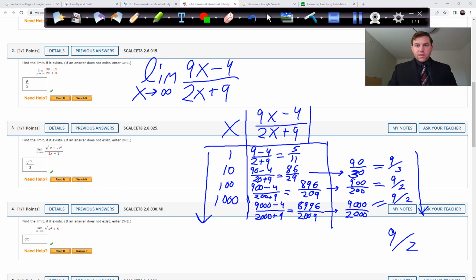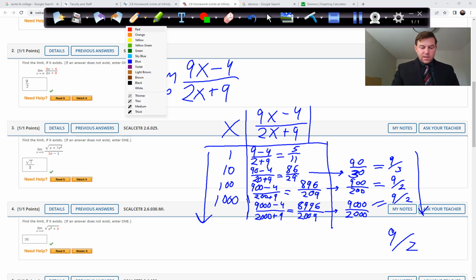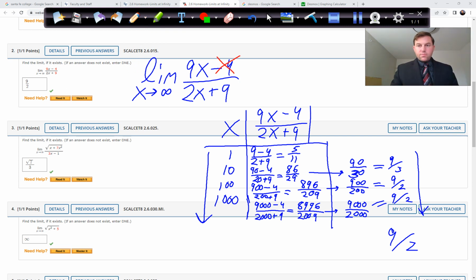So there's an easy way to do these problems. You can basically ignore anything that doesn't have the highest power of x on it. So all we have to do is come into this problem and say, guess what? As x gets big, this 4 doesn't matter anymore. As the x gets big in the denominator, this 9 doesn't matter anymore.